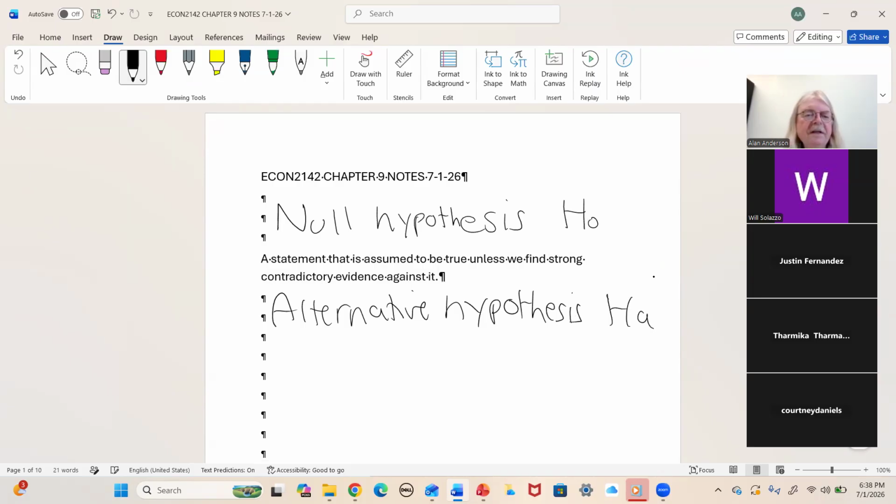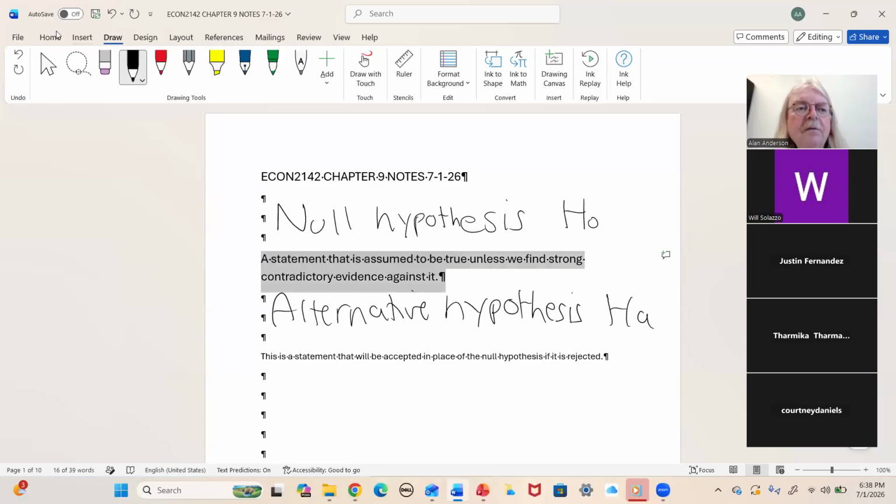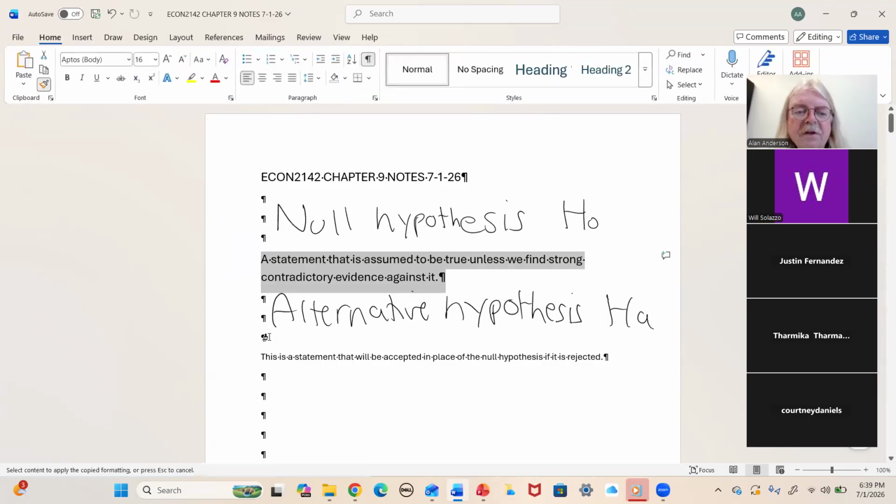And so what's happening here is that you can think of this as a statement that will be accepted in place of the null hypothesis if it is rejected. In other words, if we find evidence to show that the null is not correct, then we will accept in its place the alternative hypothesis.